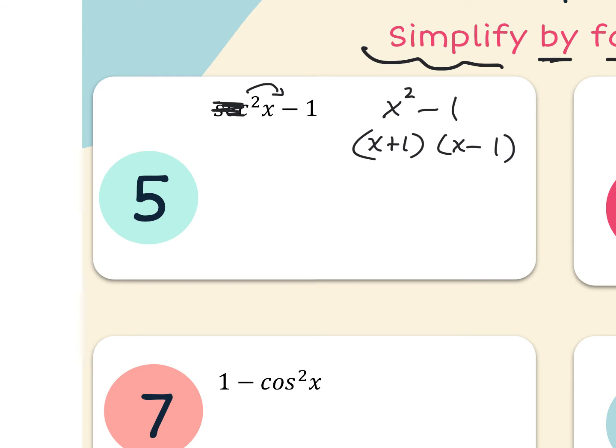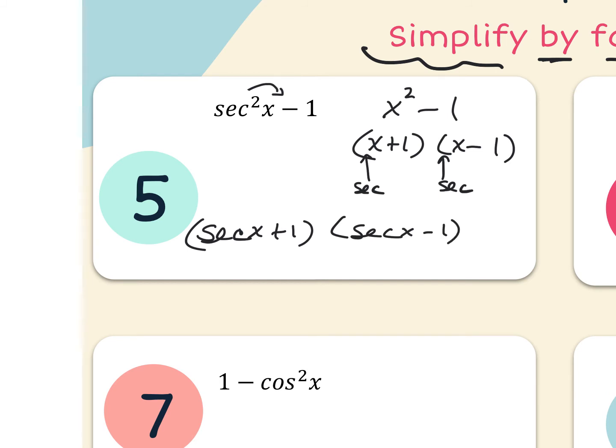Now for our final answer for simplify by factoring of the trig function here, I need to add back in that word SEC that I had crossed off. So the final answer here is going to be secant x plus 1, secant x minus 1.